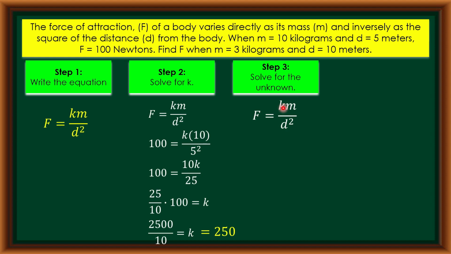So let us substitute those values. We have F is equal to 250 times 3 over 10 squared, which is equal to 750 over 100. And 750 divided by 100 is equal to 7.5. And that is the value of our F.